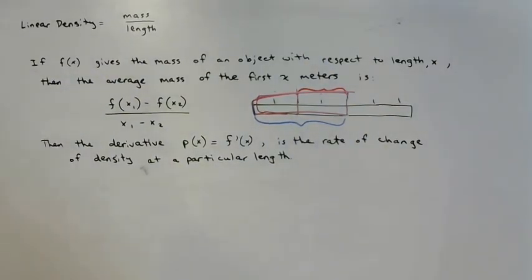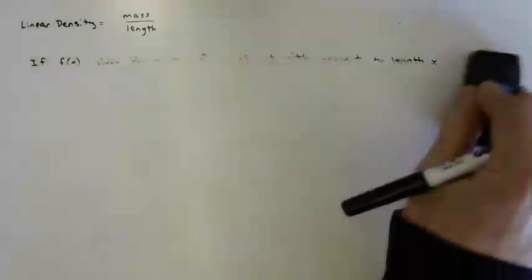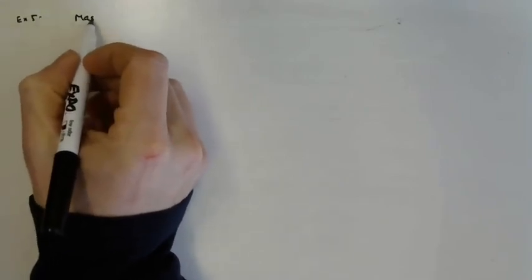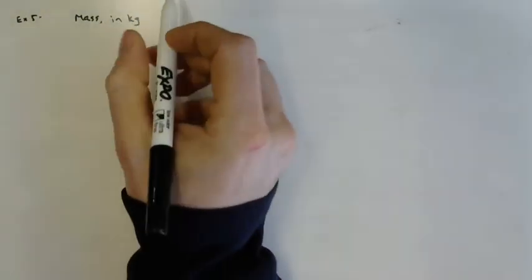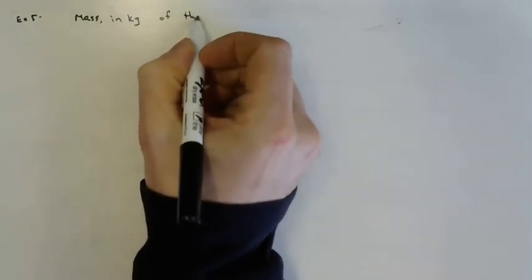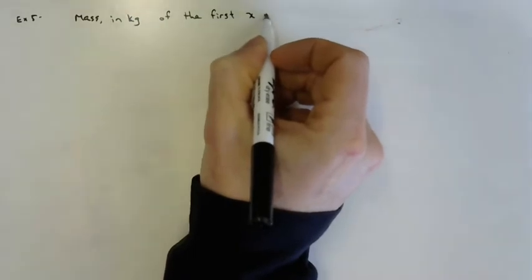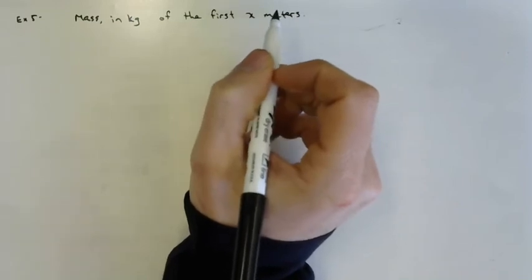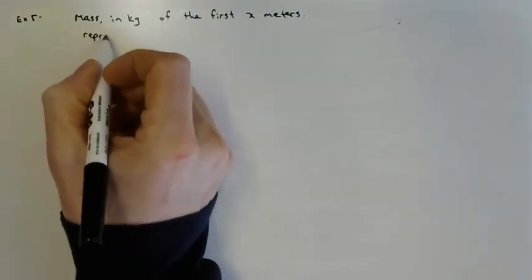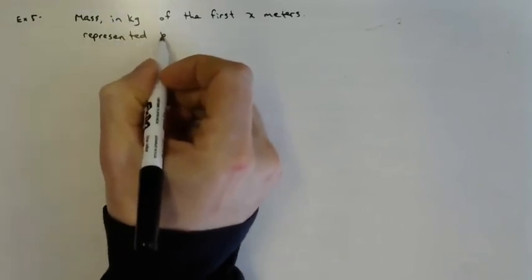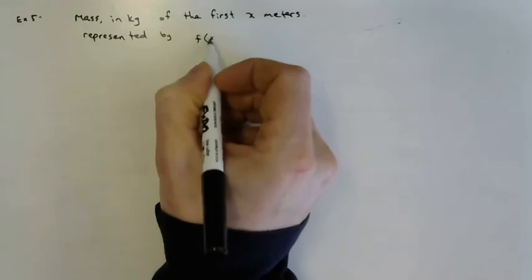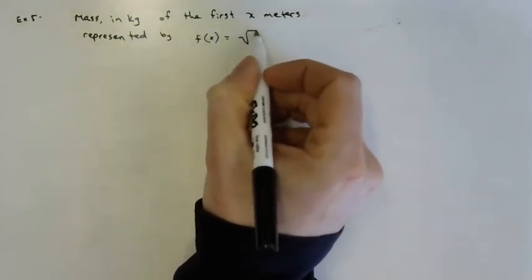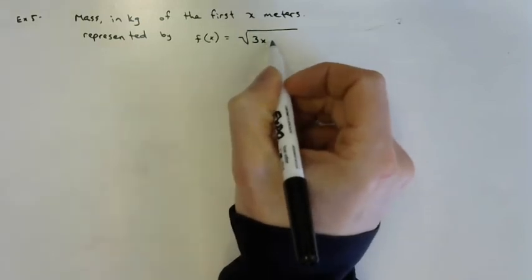So in example 5, we have the mass in kilograms of the first x meters of a wire is represented by f of x equals radical, and under the radical 3x plus 1.